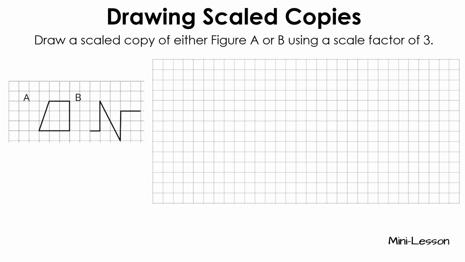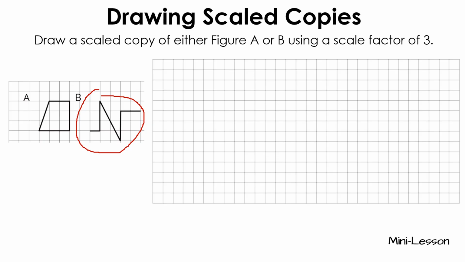So here, they want us to draw a scale copy of either figure A or B using a scale factor of 3. I will choose to use B. So I'm going to reproduce B using a scale factor of 3. I'm going to start with this piece here.